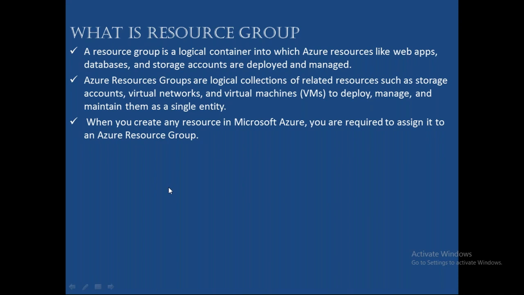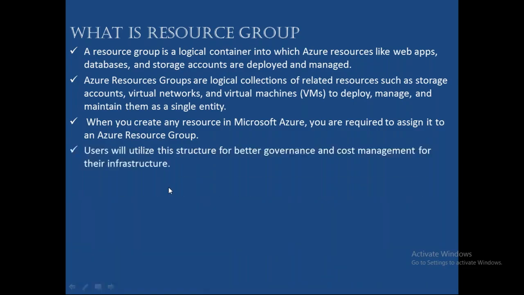For example, when I create an Azure Data Factory service, it should be included in one resource group only. Next, you cannot create an Azure Data Factory without assigning a resource group. You must tell in which resource group you want to add it, whether it's the dev, UAT, or prod resource group.